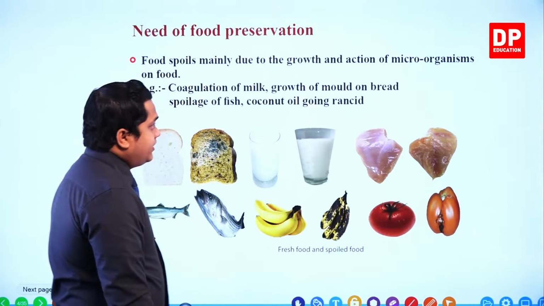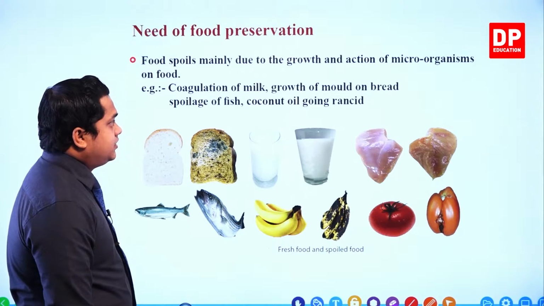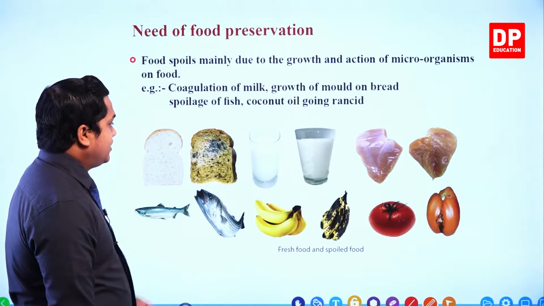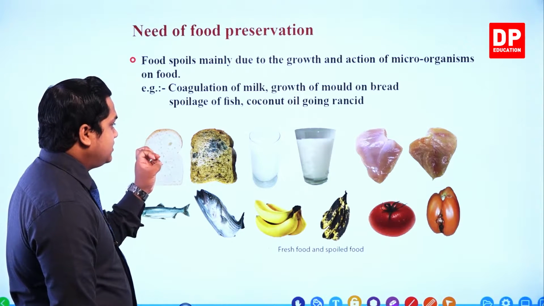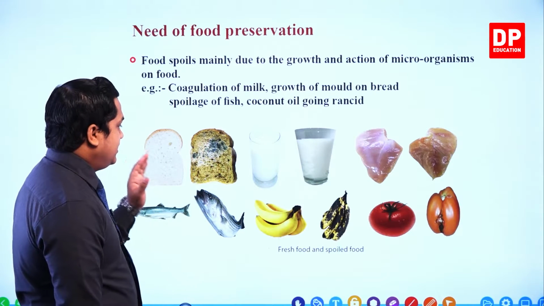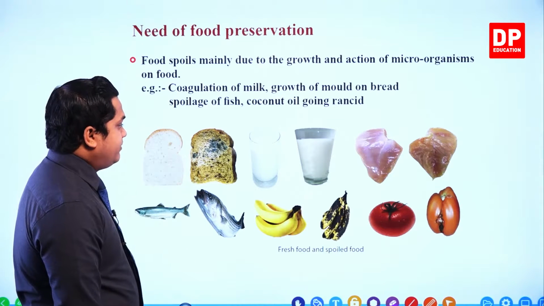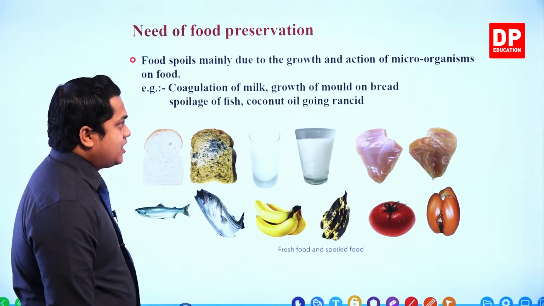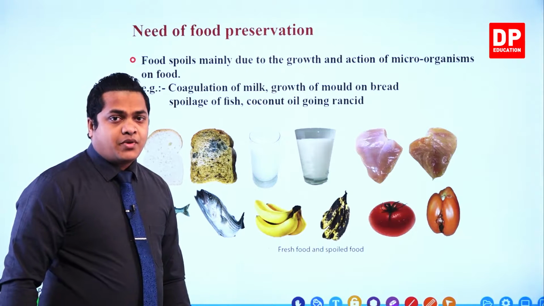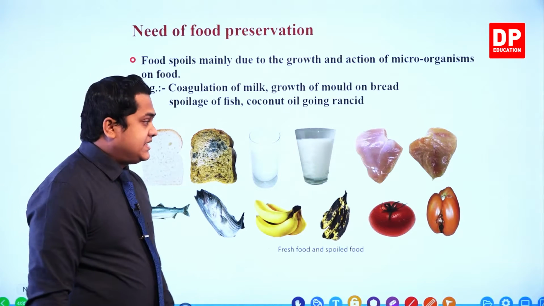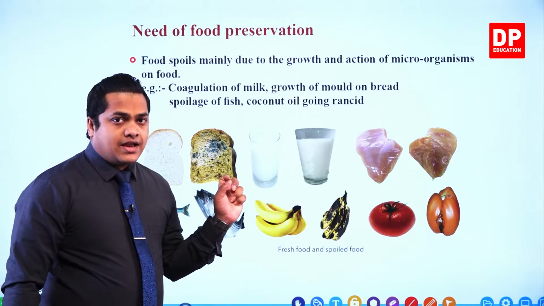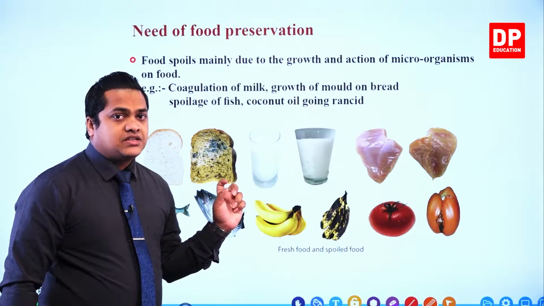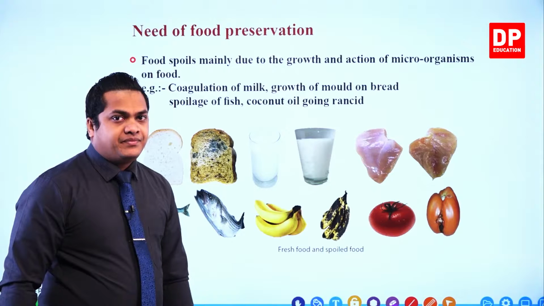Then the growth of mold on bread. Here you can see, mold is a kind of fungus. This is a fresh bread slice, and this is a bread slice which has been spoiled. As you can see very clearly, the color, appearance, and also the nature have changed completely.